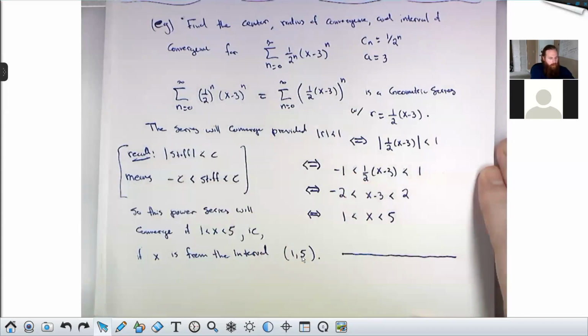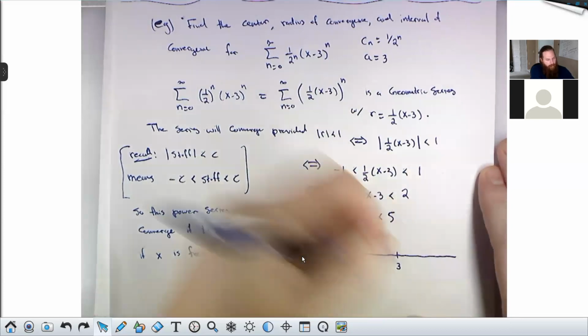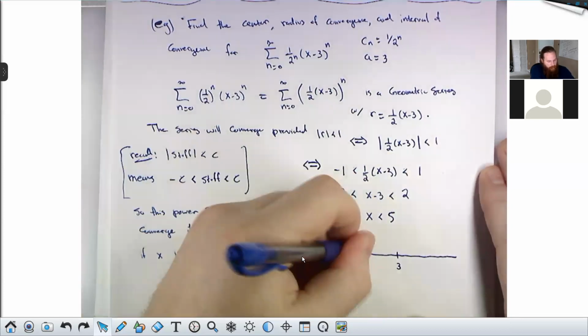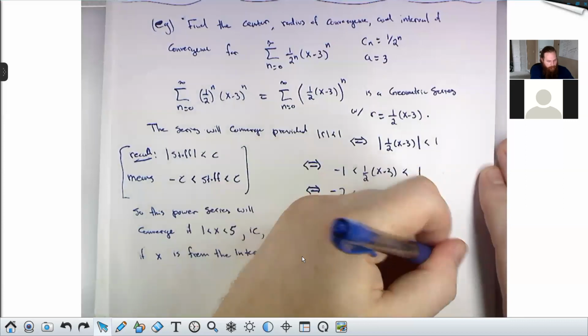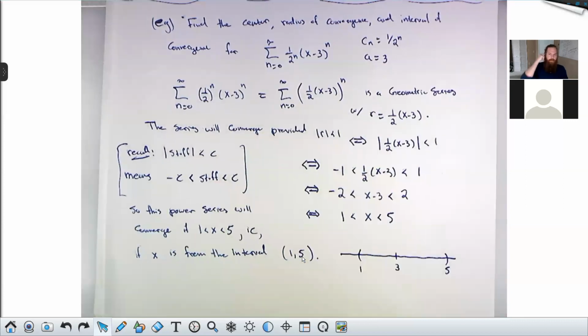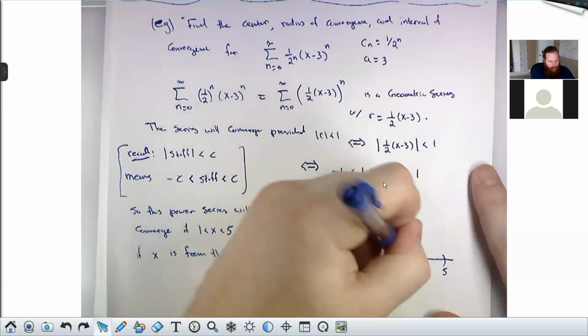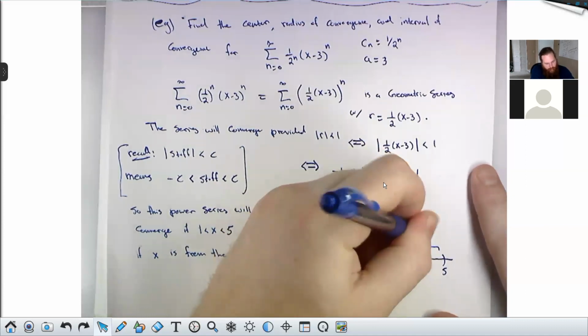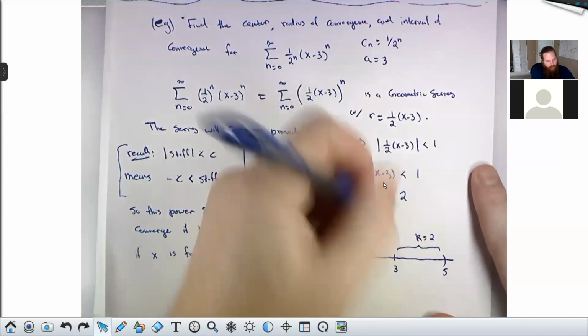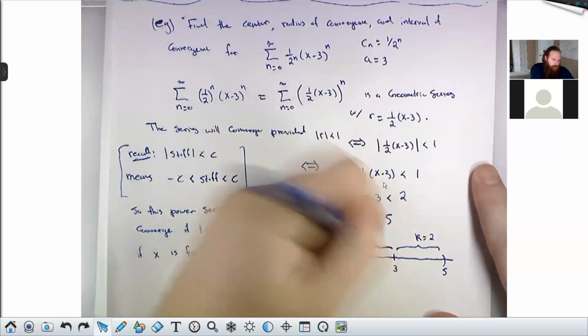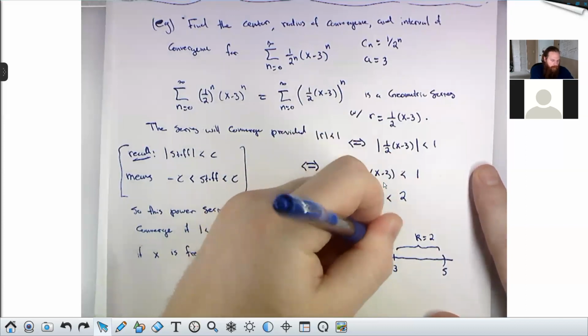Let me draw the picture here. My center is 3. And over here I have 1. Over here I have 5. So what is the radius of convergence? Two. Good. This distance, which is the same as this distance, even though I've drawn it badly.